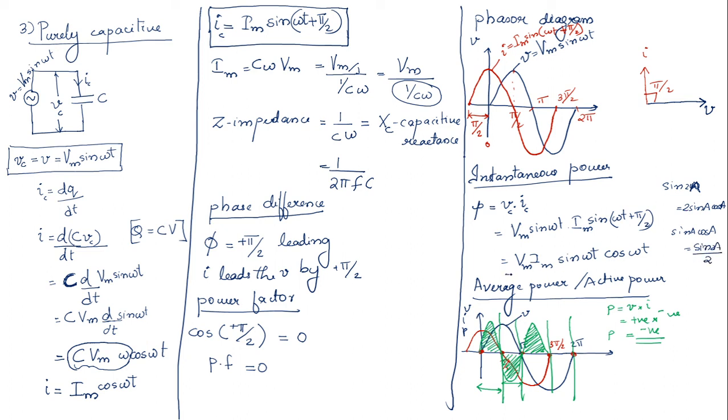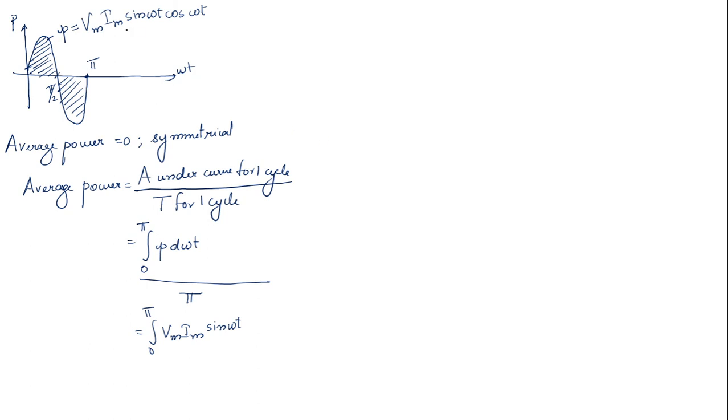Here we can also represent the instantaneous power as Vm Im sine 2 omega t whole divided by 2. So this may be the expression for p. We can use the same expression here, so that we can easily make the integration possible.